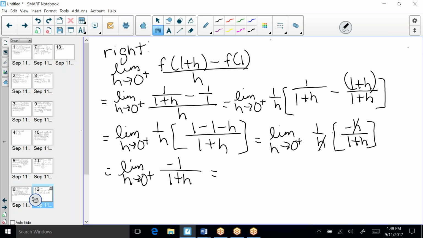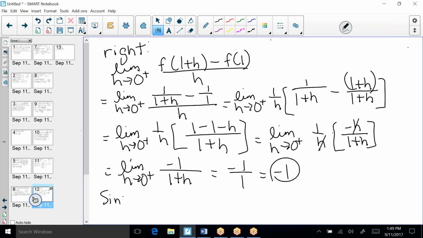Then plugging in 0 from the right-hand side, we get negative 1 divided by 1, which is negative 1. That's the derivative from the right-hand side.